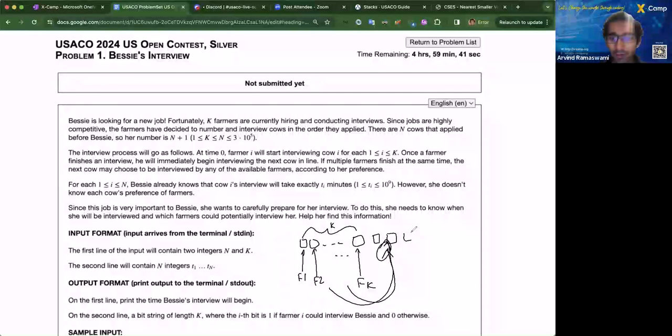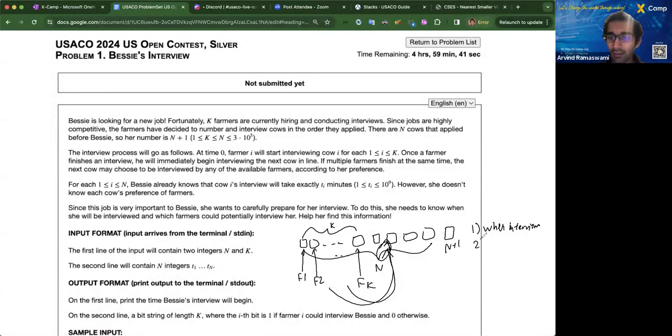So there's N cows. There's K farmers initially interviewing the first K cows, and there's also the N plus one cow. There are two things we need to know. When will the N plus one cow be interviewed?